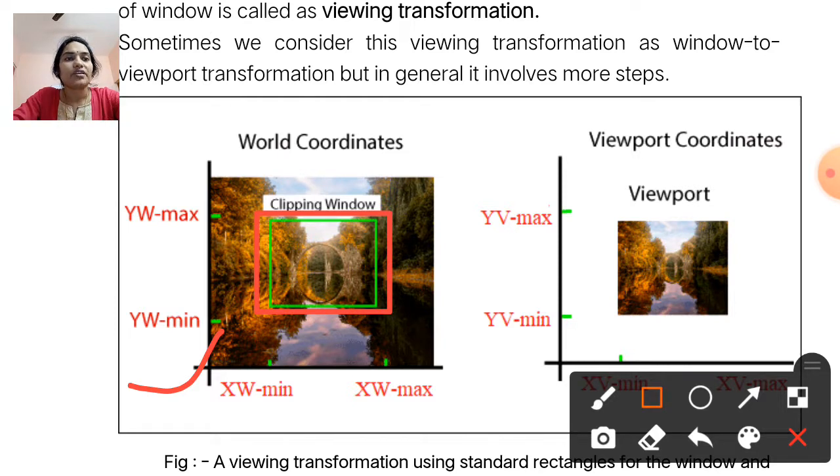The other device where we want to display is known as viewport. This one is your viewport, another device where only this portion we want to clip and display. So this one is your viewport.